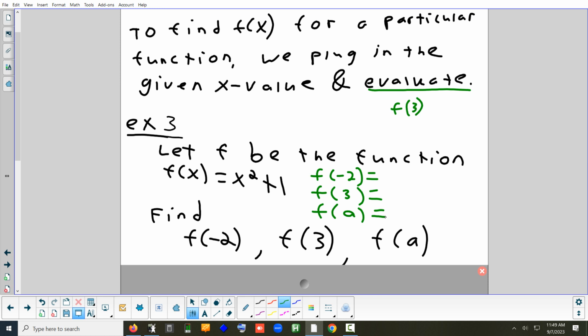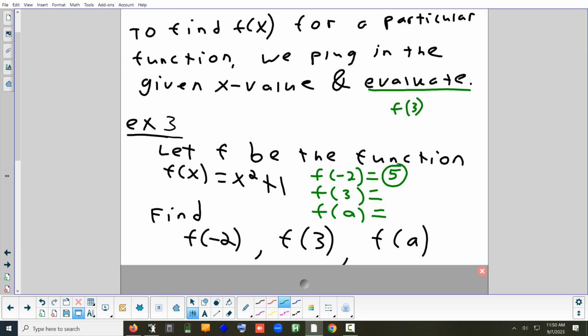So plug in the x value that they give you for the variable, and then tell me what you get. And how did I get these numbers? I just made these up. So we'll start with -2. What's -2 squared? 4. Plus 1? 5. And that's how you evaluate this function for the number -2.